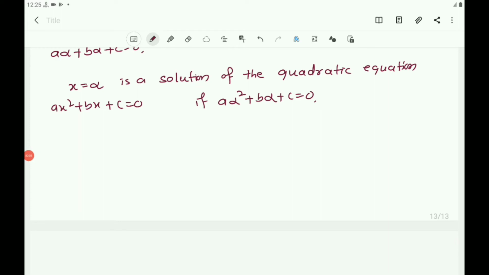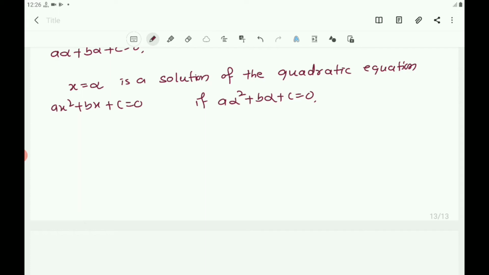The zeros of the quadratic polynomial ax square plus bx plus c and the roots of the quadratic equation ax square plus bx plus c equals 0 are the same. In the chapter polynomials, you observed that a quadratic polynomial can have at most 2 zeros. So any quadratic equation can also have at most 2 roots.